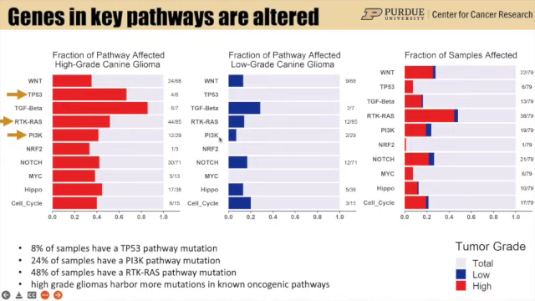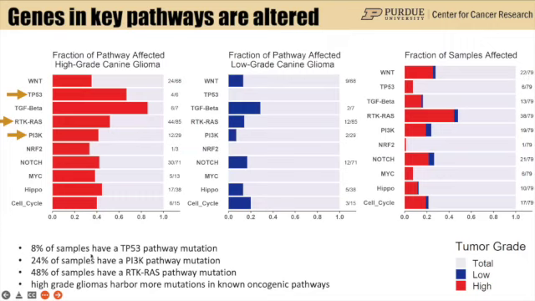Here on the left side of the figure is the fraction of the signaling pathway that's affected or altered, mutated in high-grade canine gliomas. Here in the middle, in blue, this is in low-grade canine gliomas. And then on the right side, you can see the fraction of the samples affected. For example, 22 out of 79 samples have a mutation in one of the genes in the Wnt pathway.